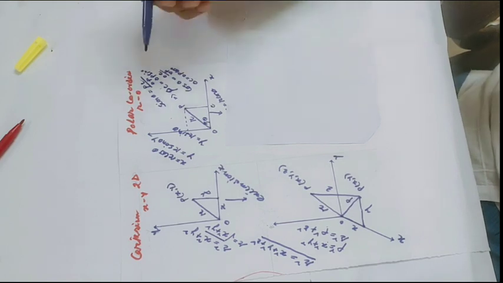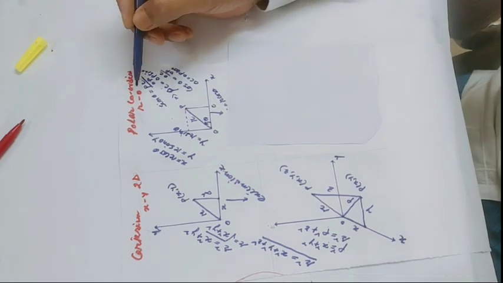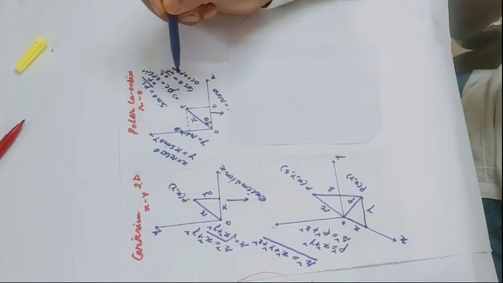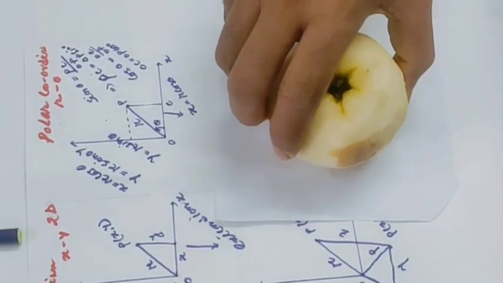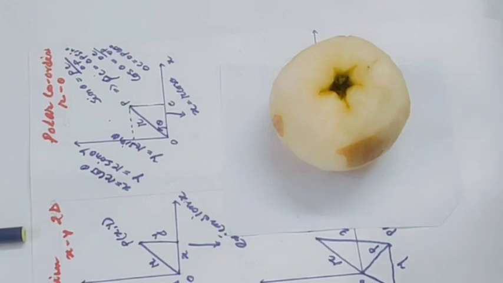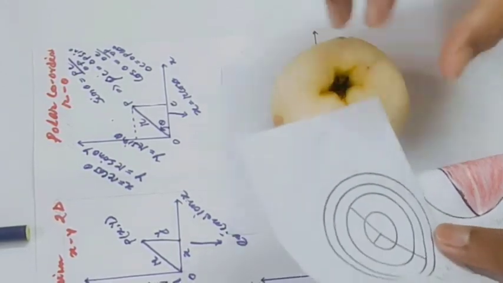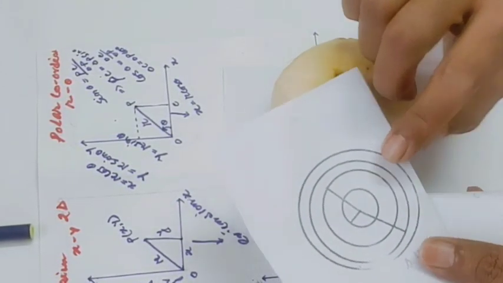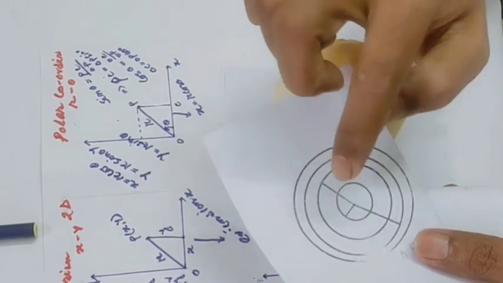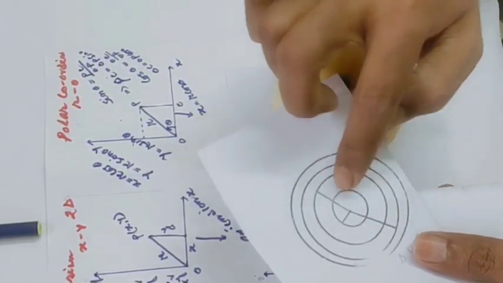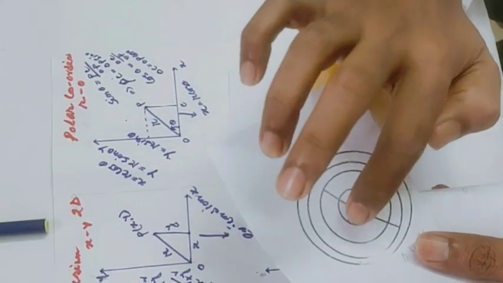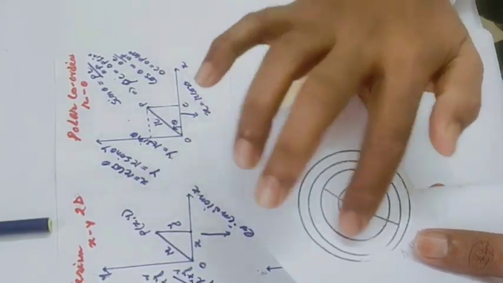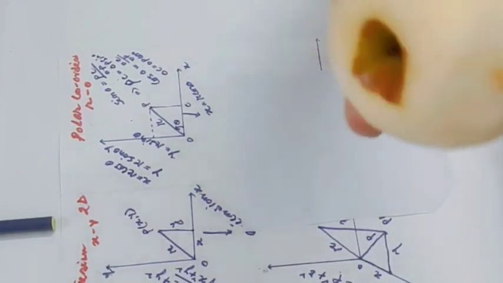Now we will extend the polar coordinate to 3D, made of some concentric spheres. Then the picture will be something like this. If you consider this a small apple, then a bigger apple, then a bigger apple, that means changing the radius symmetrically, you will get the whole apple, the whole sphere.